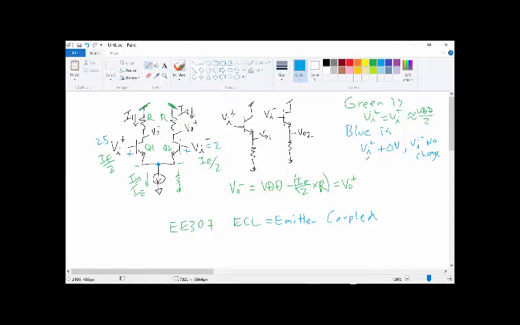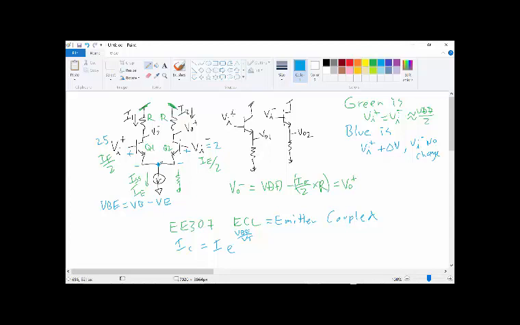Remember, VBE equals VB minus VE. And since the VEs are the same on both sides, but the B's are different, definitely the VBE on the plus side is larger. And you have IC equals IS e to the VBE over VT. Since this is exponential, when VBE just goes up a little bit, the current goes up like mad.